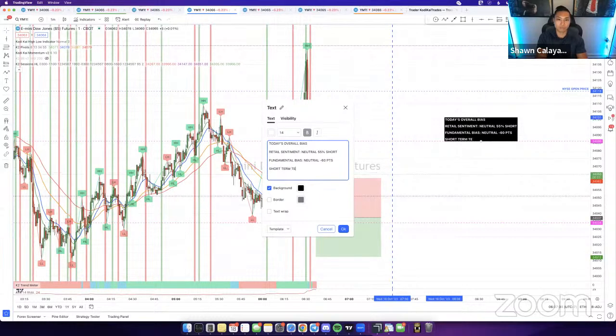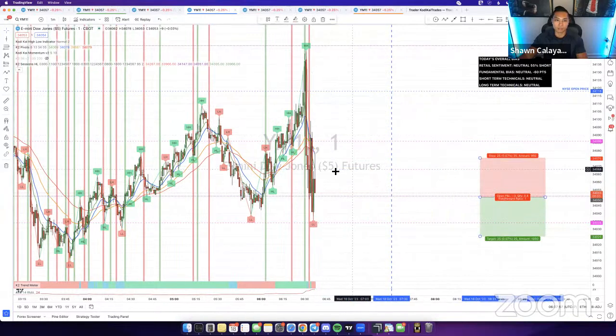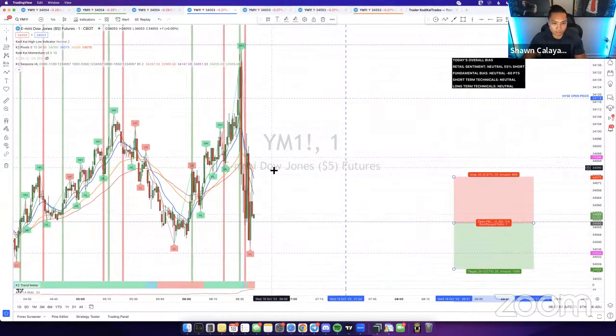Short-term technicals, neutral. Long-term technicals, neutral as well. So we don't have a bias right now, guys. There's no bias. We're still looking for the breakout V2.